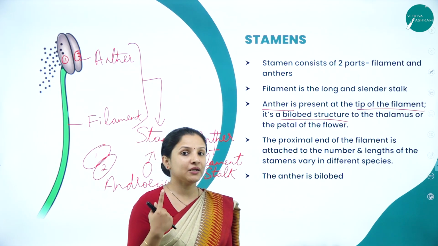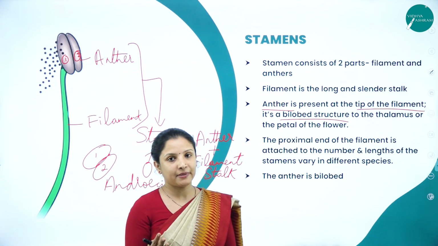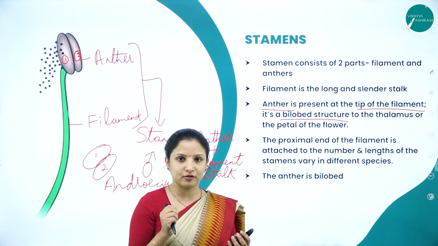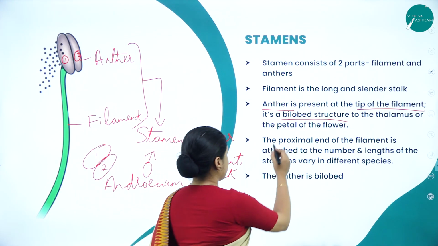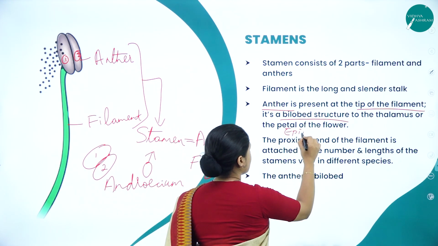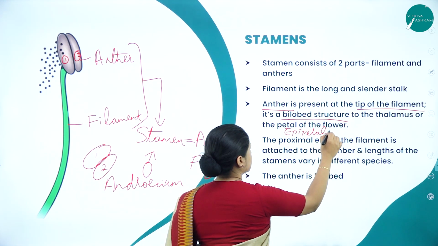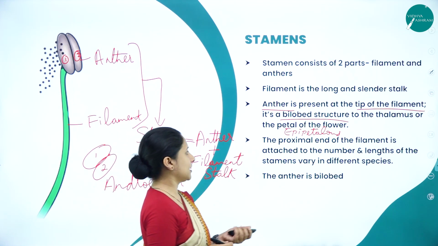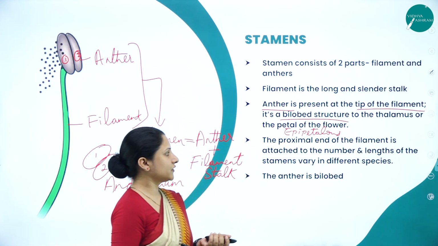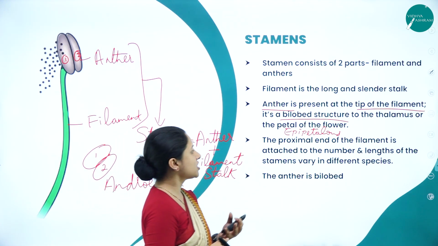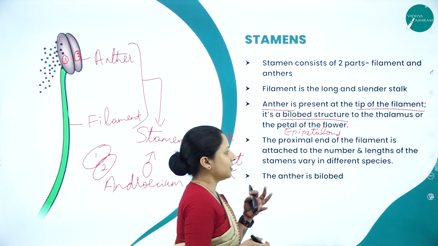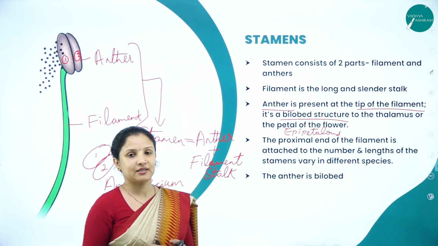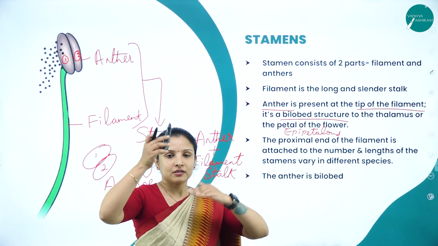When the anther or the filament of the anther is adhered to the petal of the flower, it's called epipetalous, meaning they are adhered to the petal. The number and length of the stamens vary in different species, and so can the size of each of the anthers.